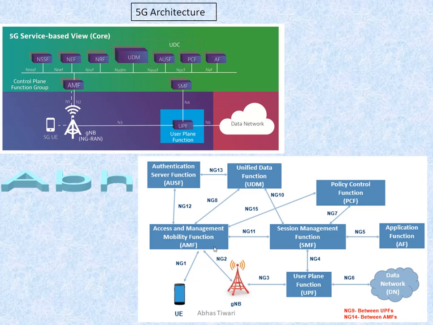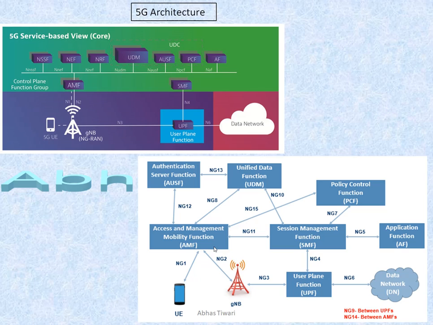Mobility management is also included in your AMF. As the name says, access, that is authorization management, and mobility, that is mobility management. For a beginner, you just need to remember that the access related and mobility related functions are taken care of by AMF.